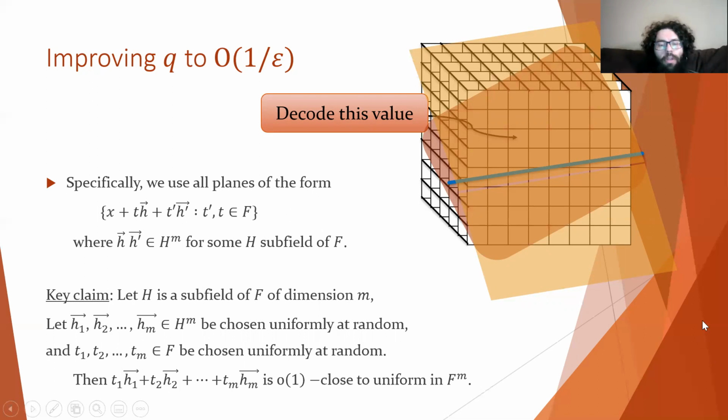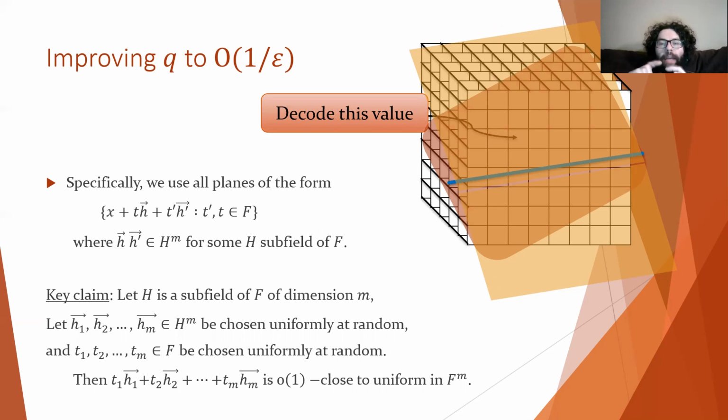So it turns out that if we make m steps using this random walk, which, well, we have the planes, but they can be embedded into this kind of summation, then this sum is close to uniform. Okay. So again, if we choose just one vector in F to the M, yeah, it will be just uniform. But what we do is choose a small number of vectors h1, h2, such that each of them lives only in a small subfield.